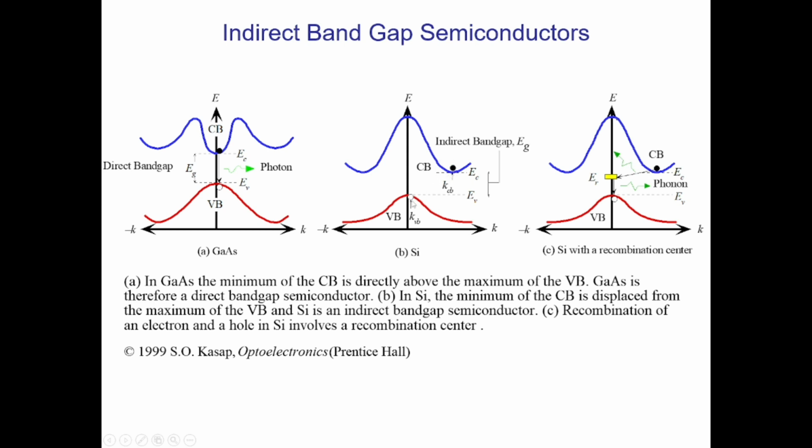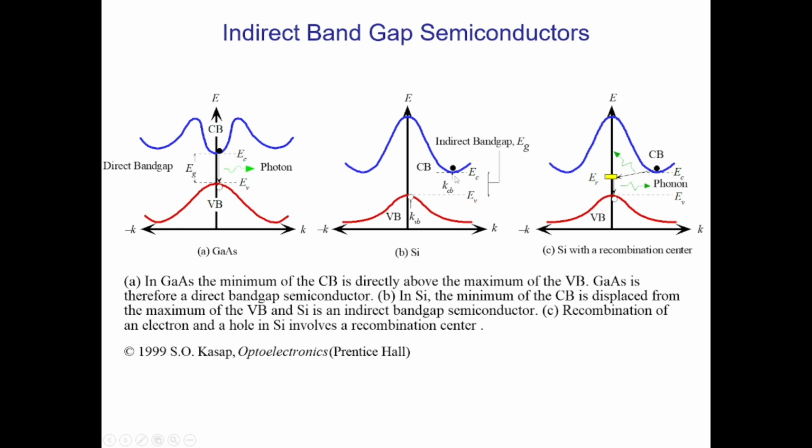They are not in line in momentum. So there is a difference between the top of the valence band and the minimum of the conduction band. The maximum of the valence band and the minimum of the conduction band electron energy are at different positions. So the recombination is not easily done here. But in the case of gallium arsenide, the recombination can be easily done, so there will be an emission of a photon.